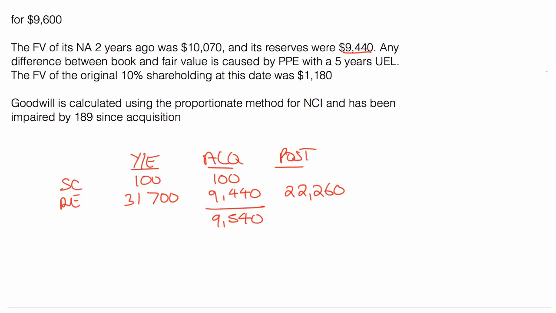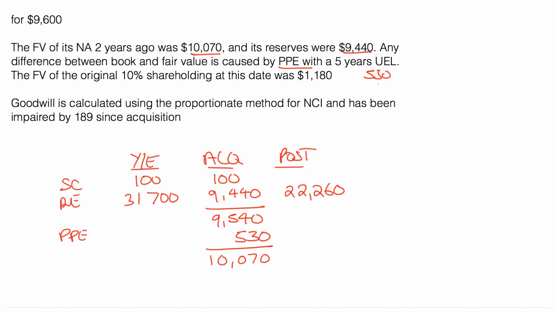I want to compare it to the fair value of the equity, and its fair value was 10,070. So 10,070 minus 9,540 gives me 530 fair value adjustment. I want to see what's caused it, and it's PPE that's caused it with a 5-year useful economic life.